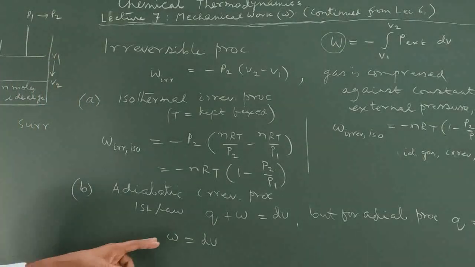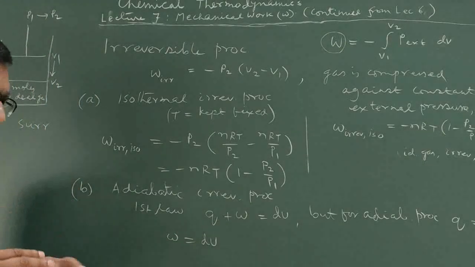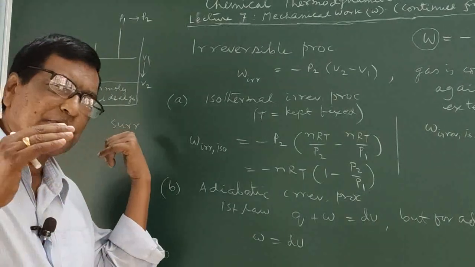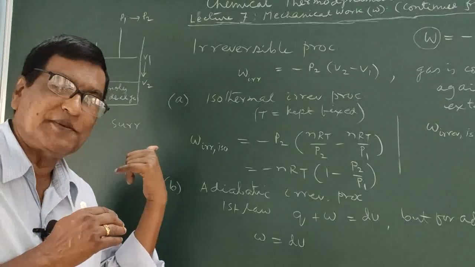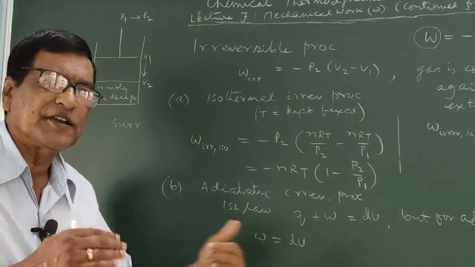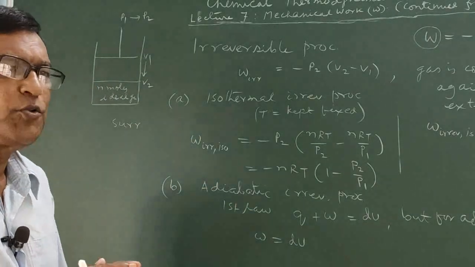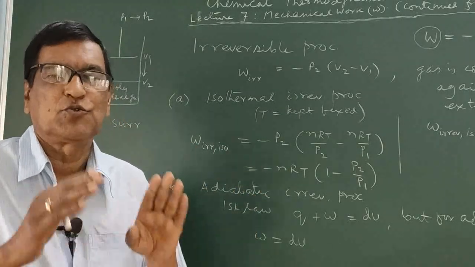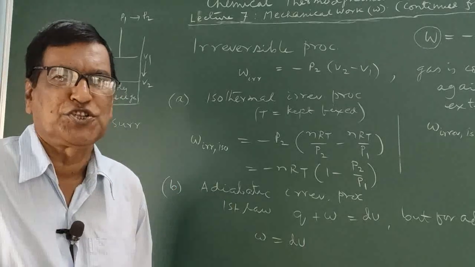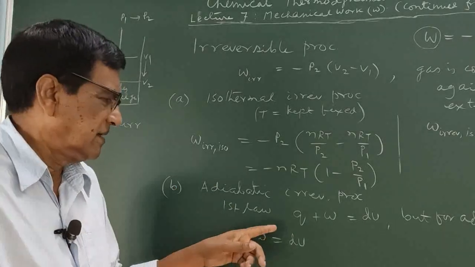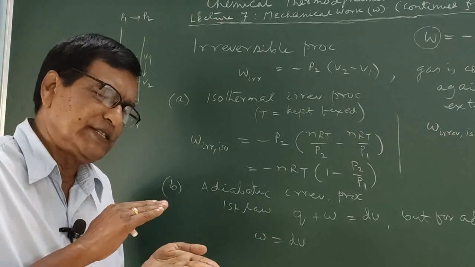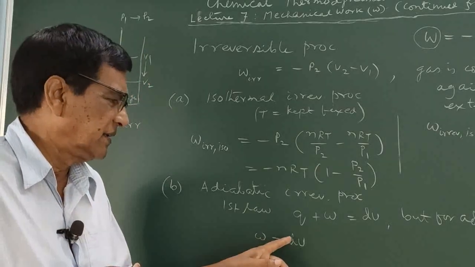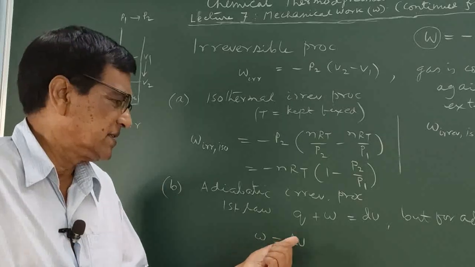Very simply, whenever work is done on the system, it means energy is flowing from the surrounding to the system, and the system's internal energy will increase. But whenever the system does some work, meaning work done by the system, then energy is flowing from the system to the surrounding, and the system will lose internal energy.